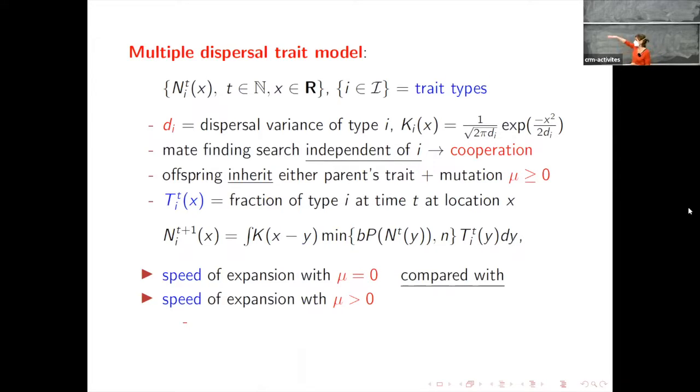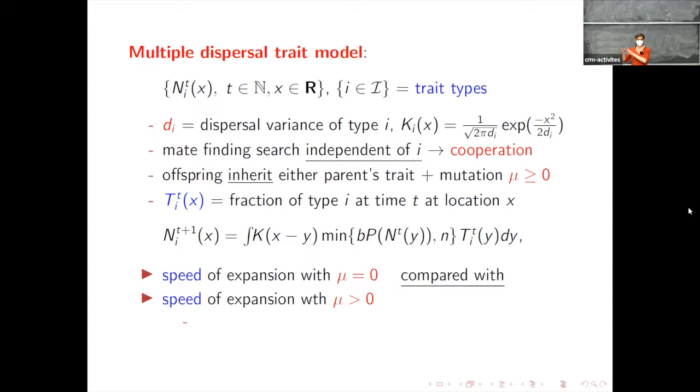So the multiple dispersal type would do all of the same, except you would keep track of the dispersal value for each individual, and then you would let their dispersal kernel use that as the variance in terms of the lengths. So what we wanted to compare is the speed. Suppose you just have no mutation.